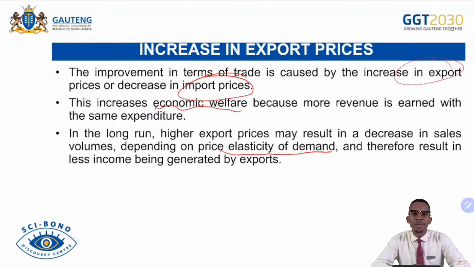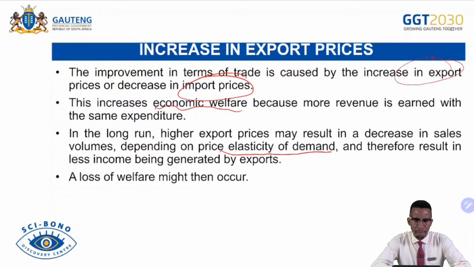So that will decrease terms of trade in the long run. But if exported goods are inelastic in the foreign market, they cannot easily be replaced. That will simply indicate that terms of trade will remain high in both the short run and long run because goods will be demanded. A loss of welfare might then occur. If terms of trade are decreasing in the long run, there will be a welfare loss. We call that a loss of welfare.